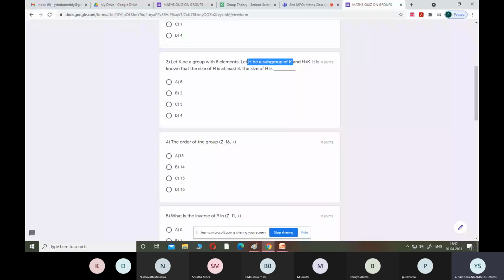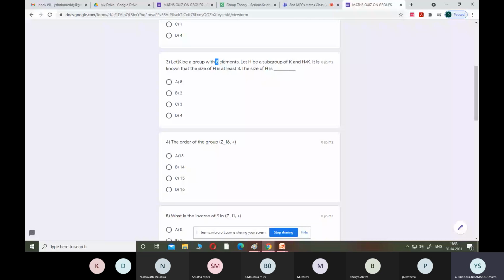Whenever something is a subgroup, the order of H will divide the order of K. The order of K is 8. So what will be the order of H? It should be divisors of 8.